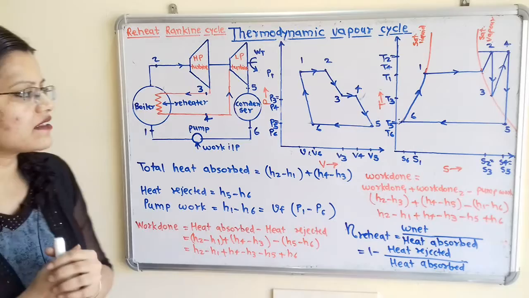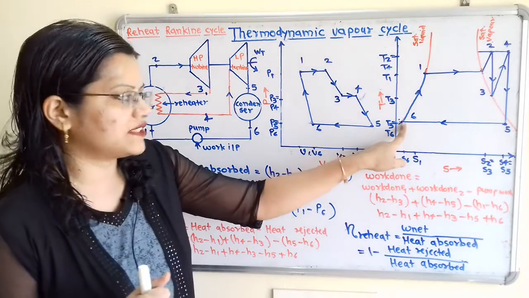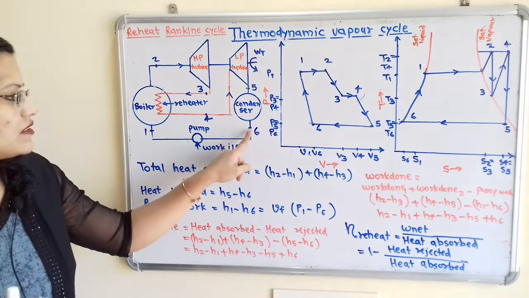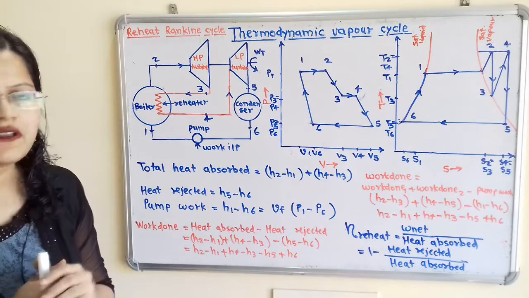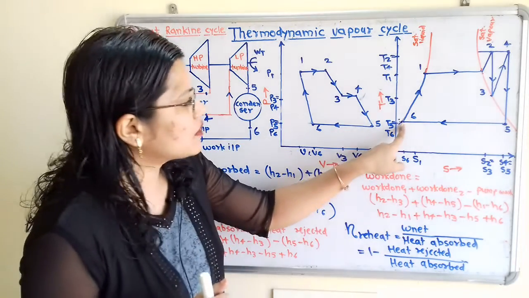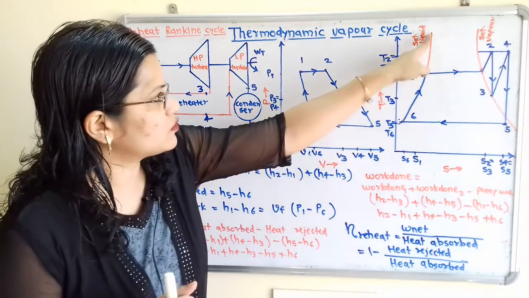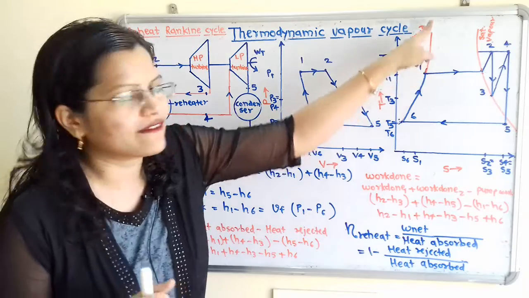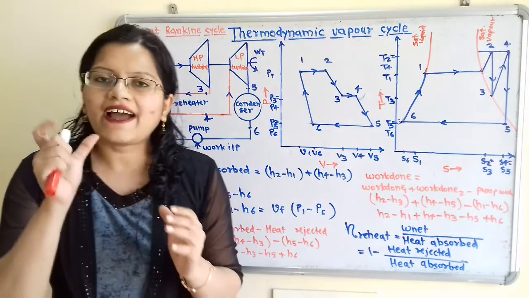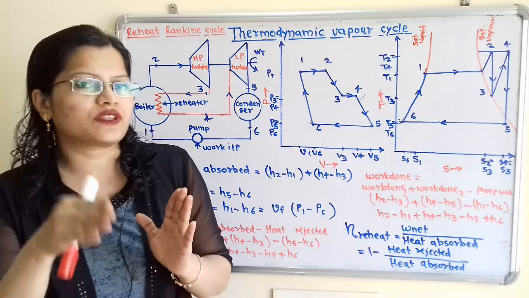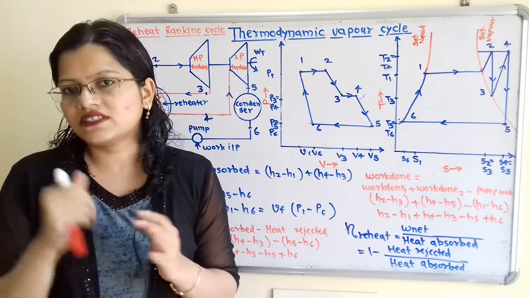We can write this formula in another way by using the specific volume. We take the specific volume at point 6, that is at the condenser pressure. Now if we observe the phase of the working substance at point 6, it is on the saturated liquid line. So we have to refer to the specific volume for the liquid, that is suffix f, from the steam table.